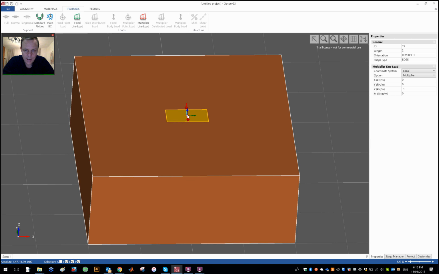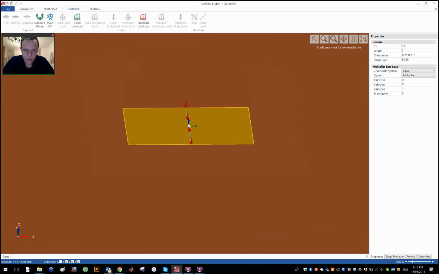This is a line load, a distributed load, in kilonewton per meter. This is 2 meters, so whatever result I get out, I should multiply by 2, or I could also make the intensity of this reference load, this multiplier load, 0.5, so that the resultant force would be 0.5 times the 2 meters, that is to say 1.